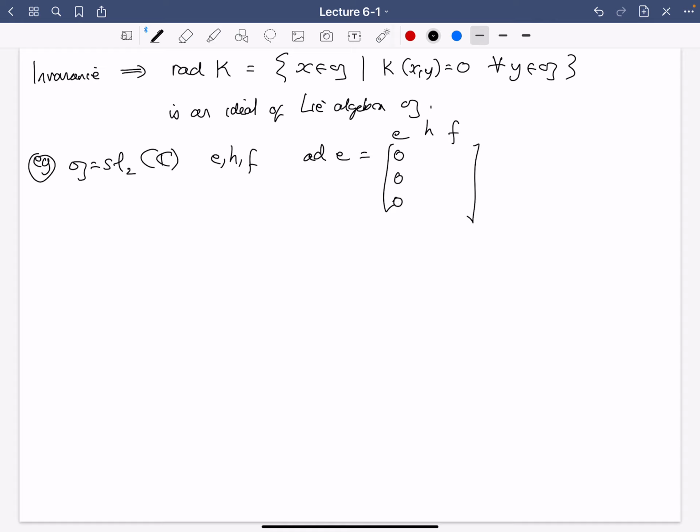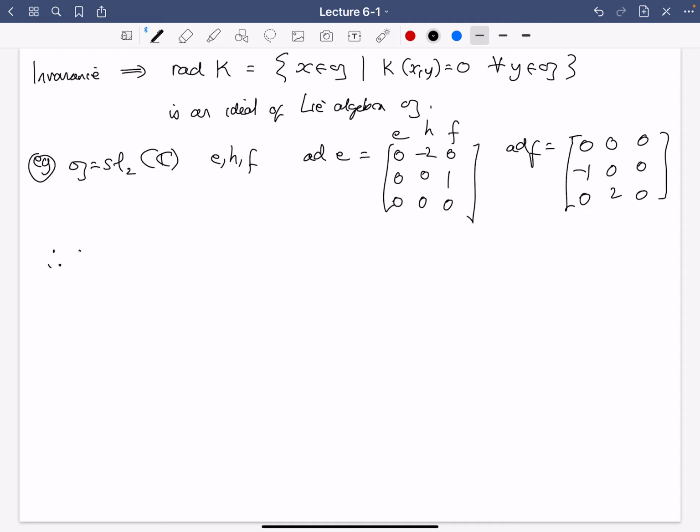HE is 2E, so ad E of H is minus 2E, and the bracket of E and F is H. Okay, so that's the matrix for ad E, and I think the matrix for ad F similarly works out to this guy, 0, 0, 2, 0, 0, 0.